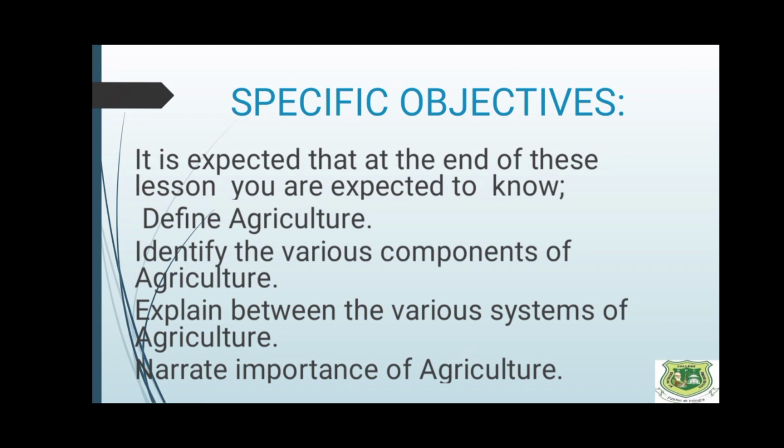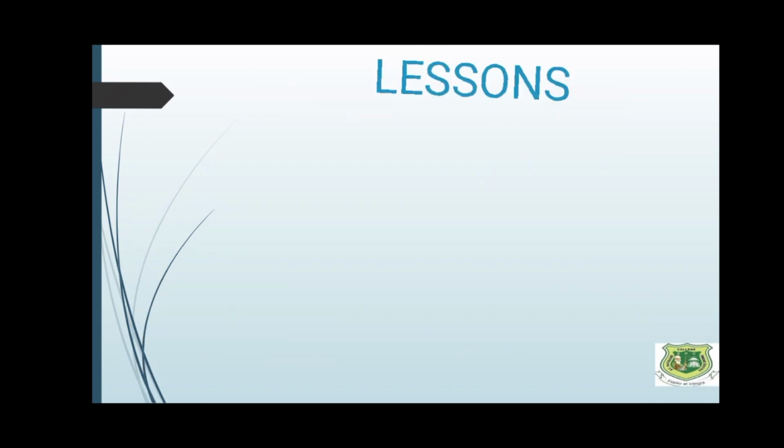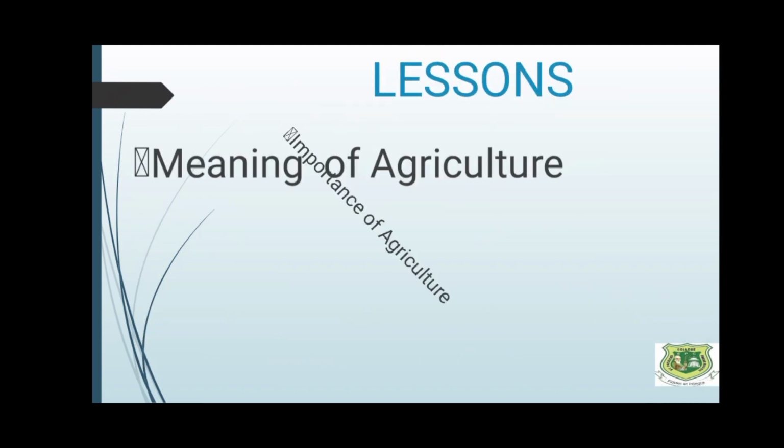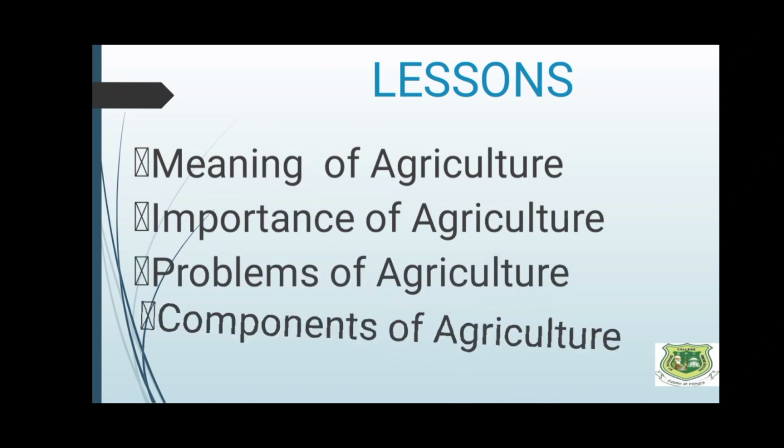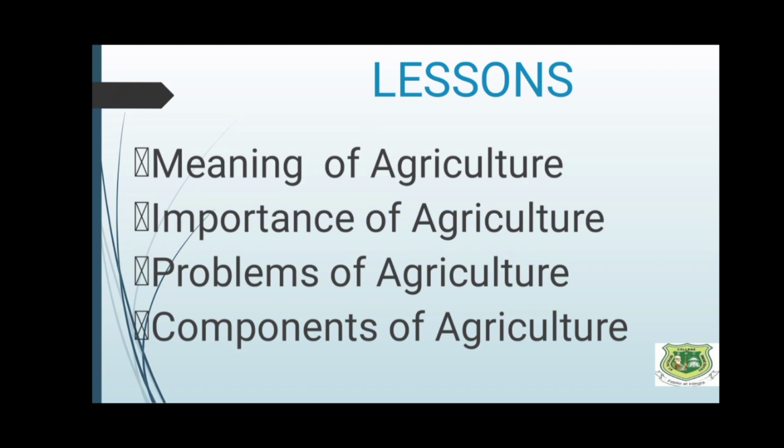Now, the meaning of agriculture. Agriculture is the practice of cultivating crops and the rearing of animals for man's use and other life forms and other aquatic life forms that are used to sustain life.